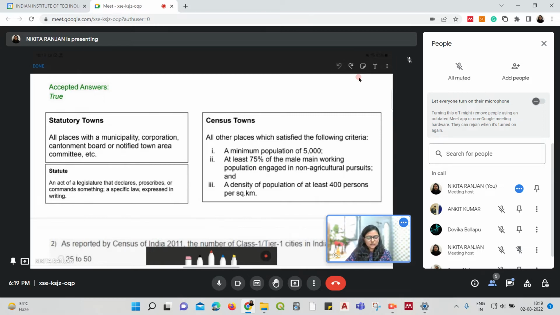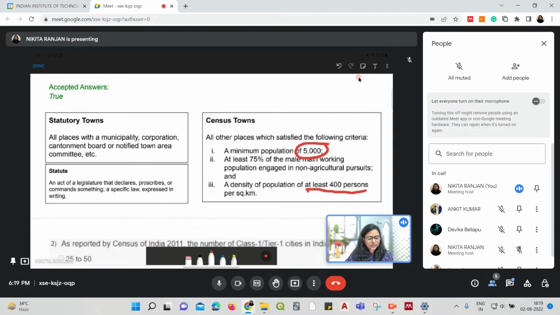And the third is the density of the population. As mentioned, the first criteria is that the population should be 5,000, but another criteria which should also be satisfied is that the density of the population should be a minimum of 400 persons per square kilometer.